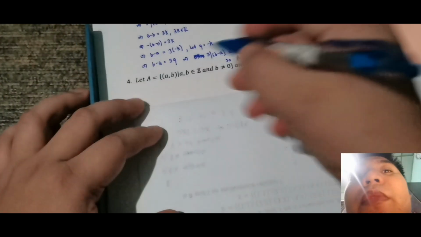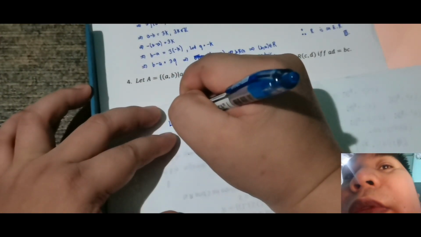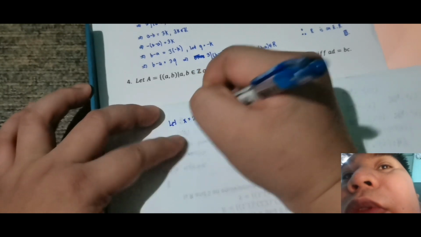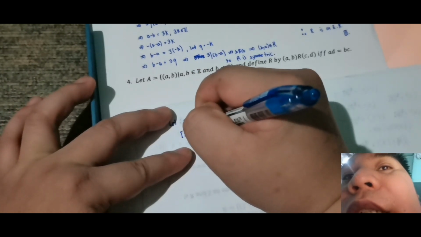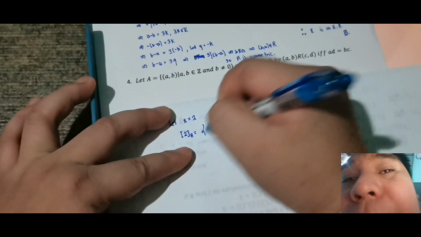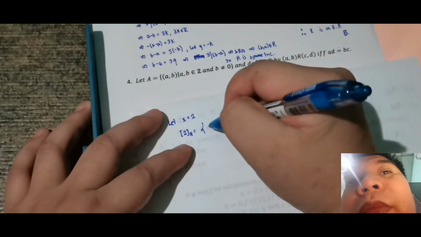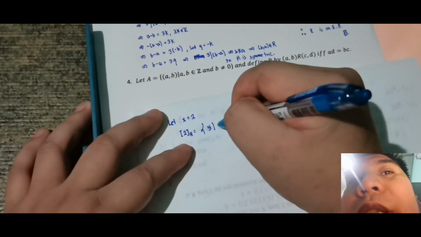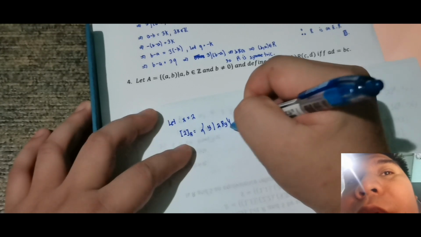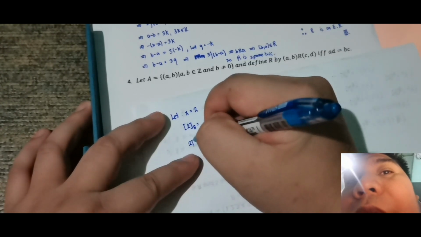Okay, so check na natin pagdating kay x is equal to 2. So, let x is equal to 2. So, that is the distinct equivalence classes represented by 2. That is simply y such that 2 is related to y. So, consider natin si 2 related to y.